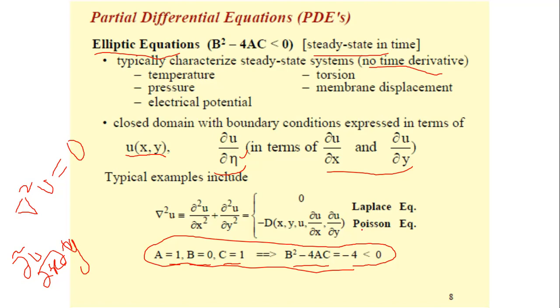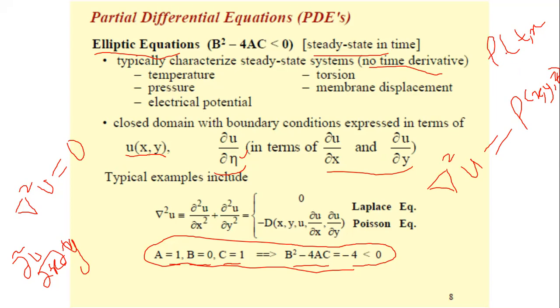And similarly, Poisson's equation, you know that Poisson's equation is when del square u, if u is the electrostatic potential, is equal to rho. Rho is charge density, which depends on space coordinates like x, y, z. And we don't deal with non-static charge distribution. Non-static charge distribution means rho also has dependency on time, in addition to x, y, z.